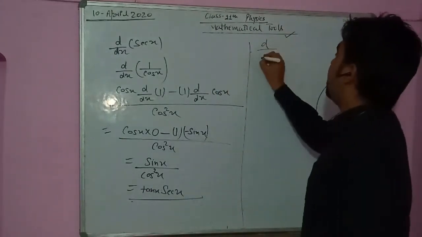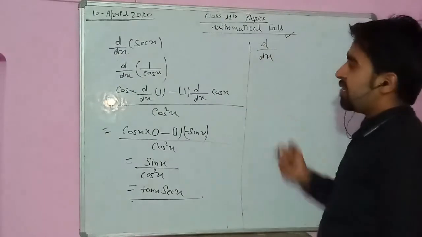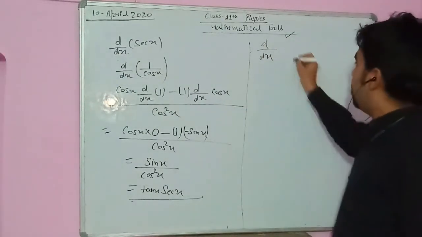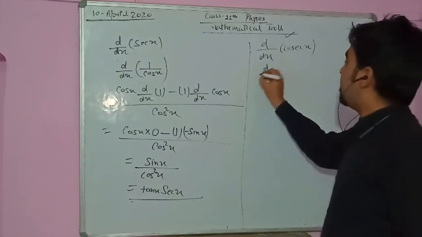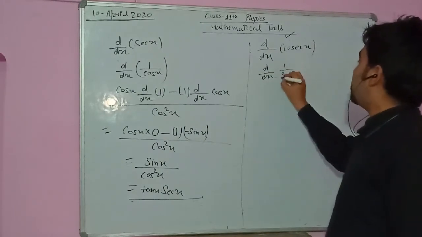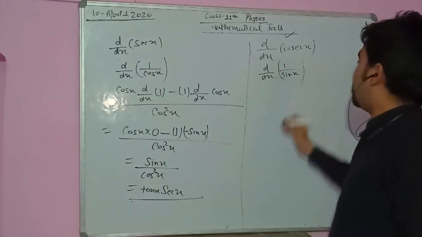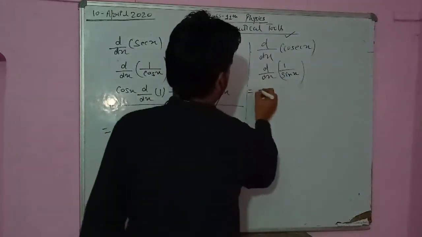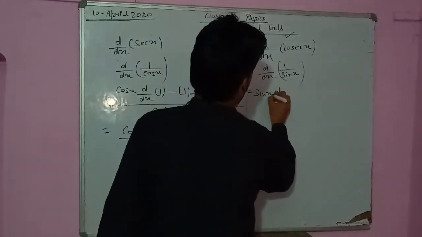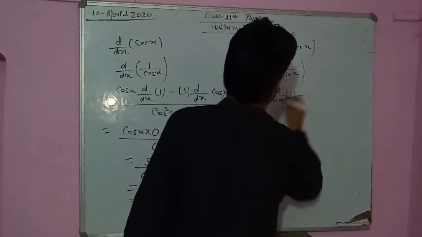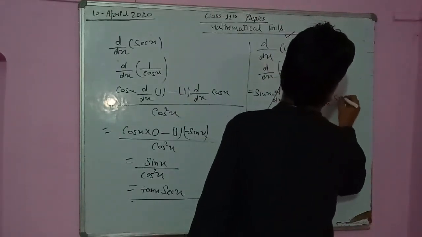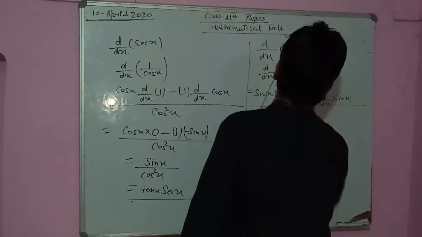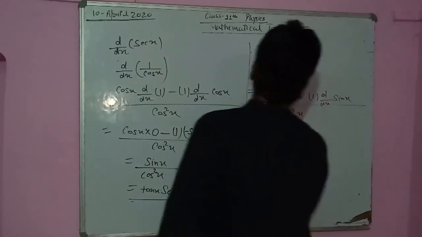Now, the last one: sin, cos, tan, cot, sec we have solved, now cosec x. So cosec x can be written as 1 upon sin x. So sin, and d upon dx 1 minus 1, d upon dx sin x, divided by sin square x. Now what will be there?